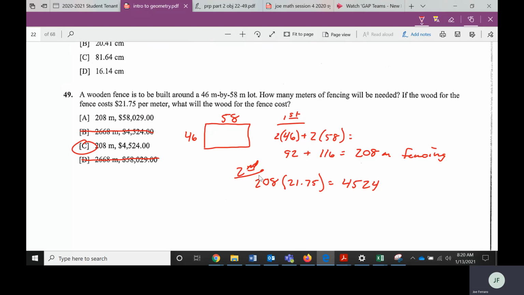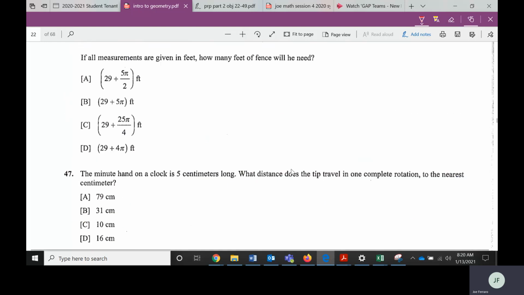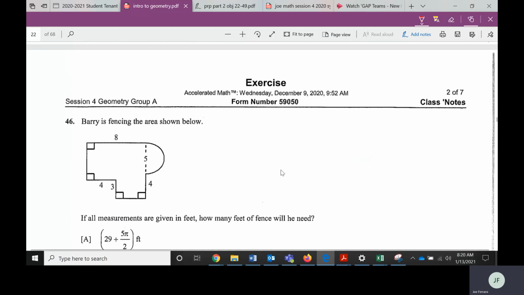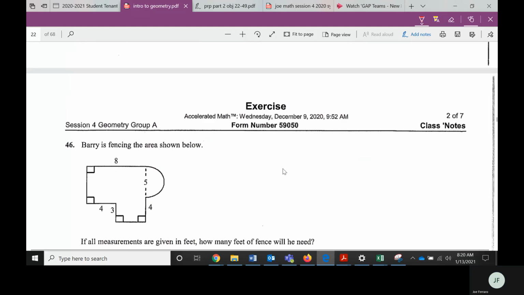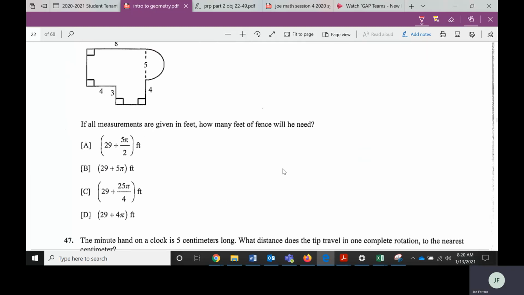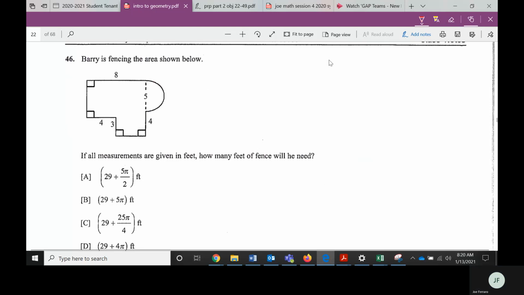All right, now we're going to start looking at circle problems. Before we do our first problem, just want to go over some notes here quick. So we'll put those at the top of this page right here, I think. So circumference of a circle.